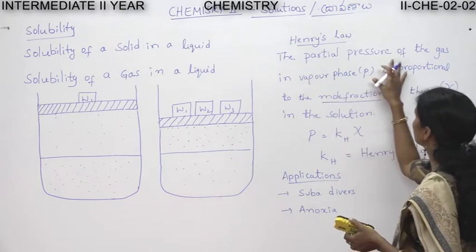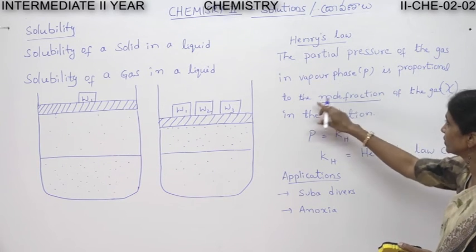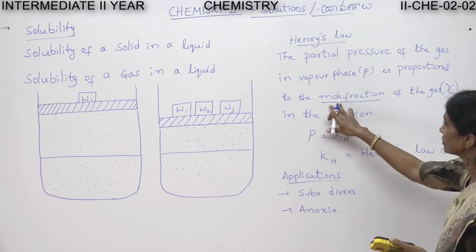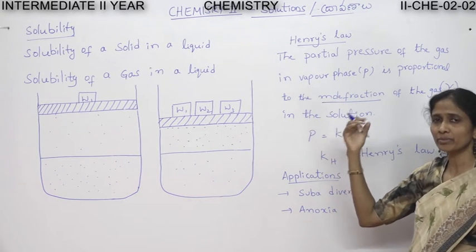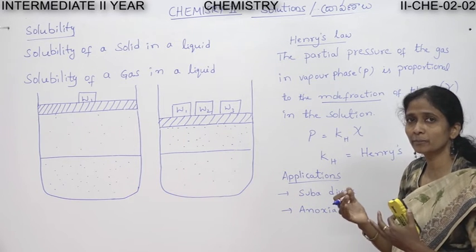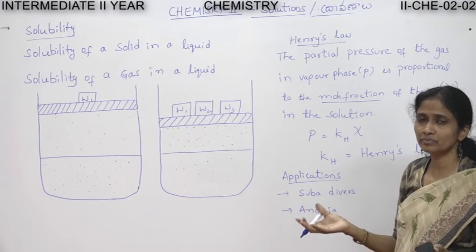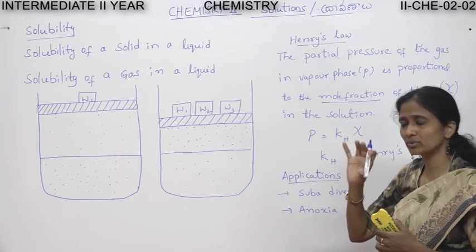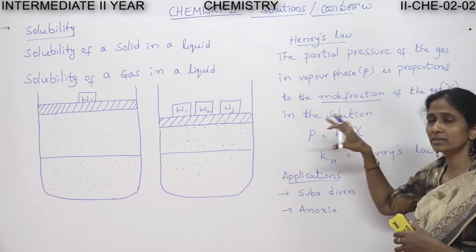The partial pressure of the gas in the vapor phase is proportional to the mole fraction of the gas in the solution. You know very well what mole fraction is: the number of moles of one particular component divided by the total number of moles of all compounds present in the solution.